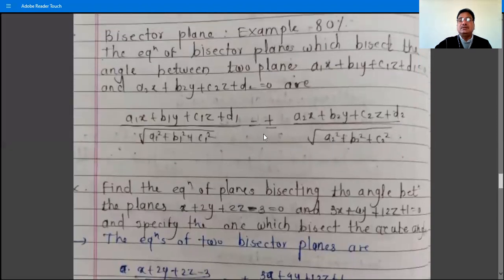If we take plus and minus signs, we get two planes, and these are the bisector planes that bisect the angle between two planes.